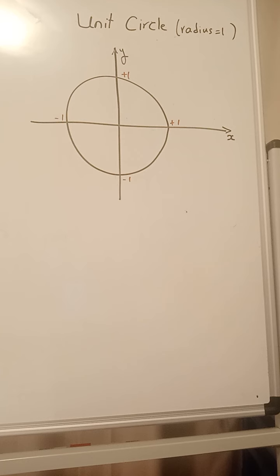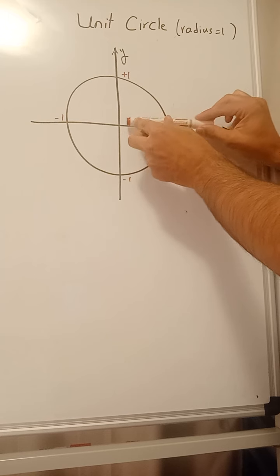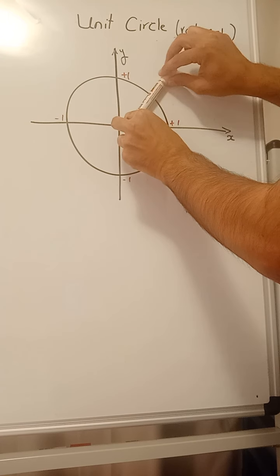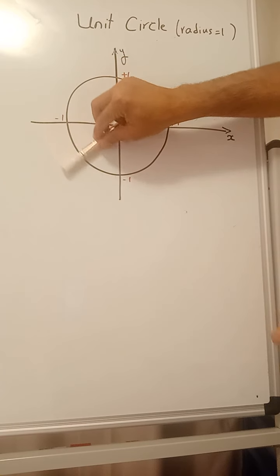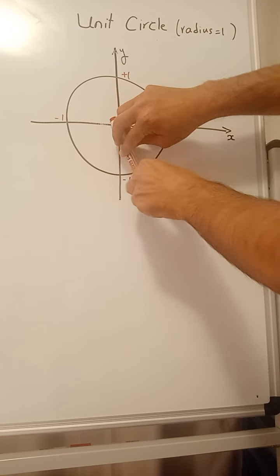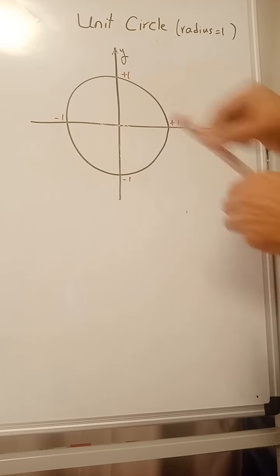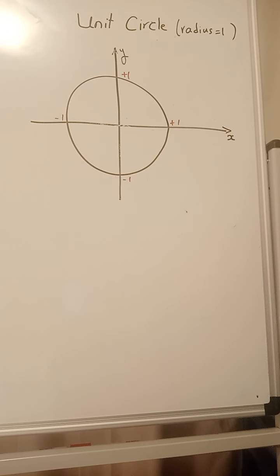Now regarding the angles, when we talk about a unit circle, the angle starts from 0 and it goes to 90 degrees, then to 180 degrees, then to 270 until it makes a complete circle and you will have 360 degrees.